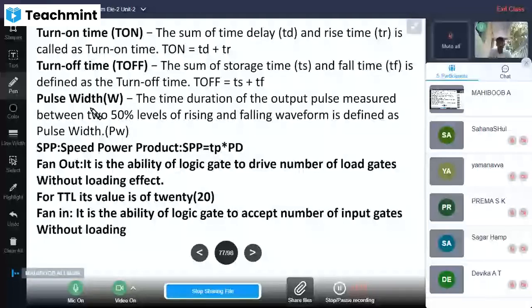Pulse width is the time duration of the output pulse measured between the 50% levels of rising and falling waveforms, defined as pulse width TW.